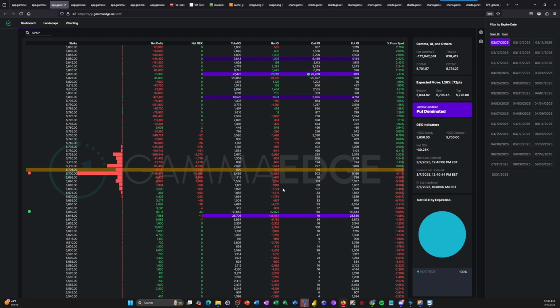There's another environment we could be in where we're just call dominated up and down. And when you're call dominated up and down, things change for the dealers compared to when we're put dominated. When we're put dominated, as price drops lower, we're capturing more and more of this heavy concentration of puts coming down below us.